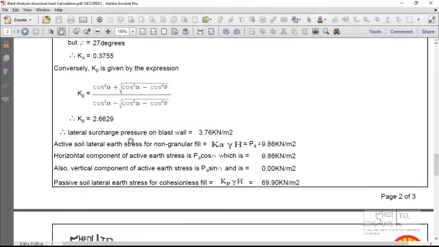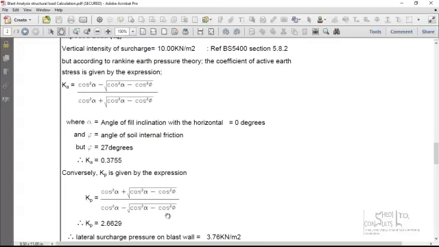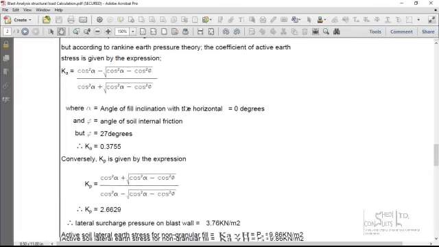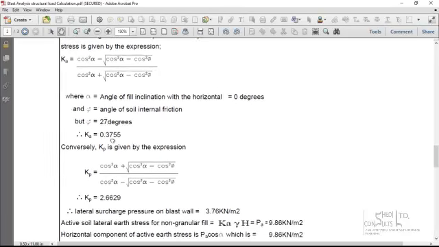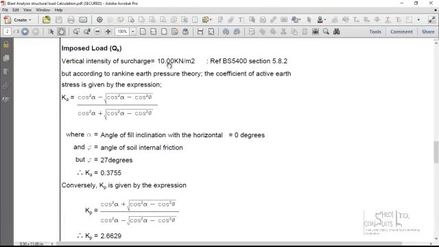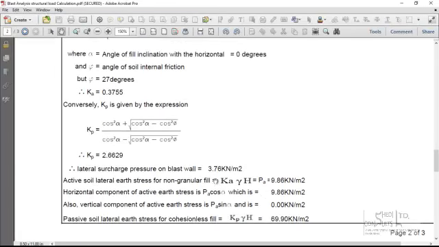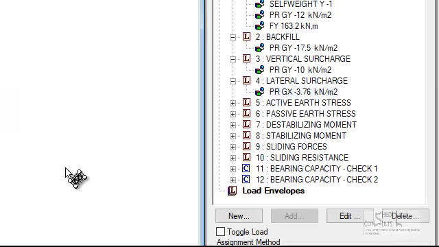So if you look at lateral surcharge, it's taken from the coefficient of active earth pressure times the vertical surcharge. The coefficient of active earth pressure is 0.3755, and the vertical intensity of the surcharge is 10, and when you do the multiplication, you then have 3.76. Okay, so this is the lateral surcharge.